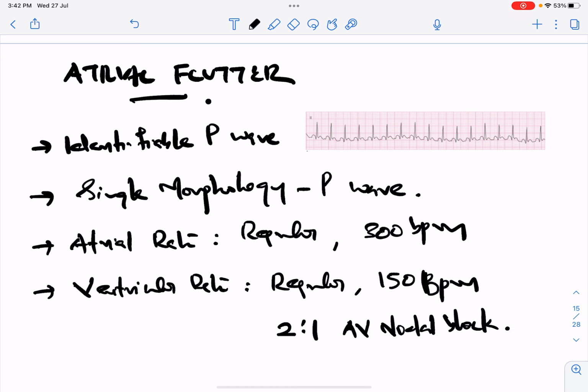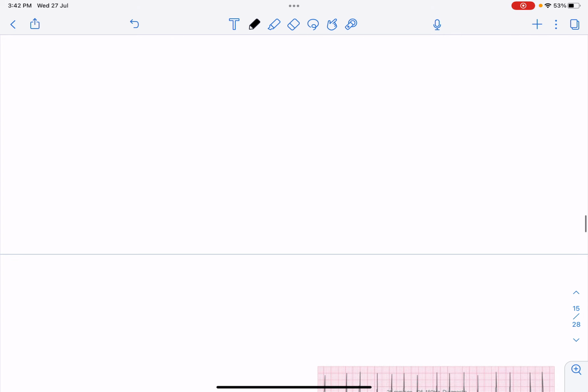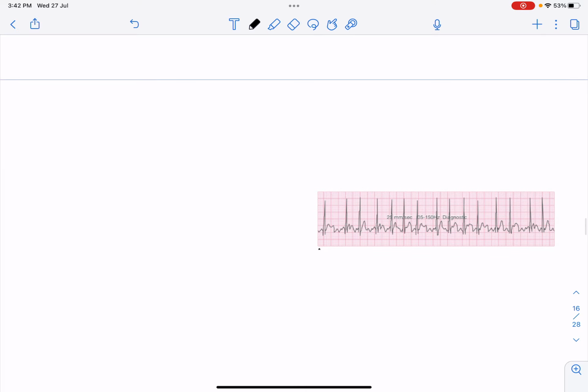That is why the atrial rate of 300 is not conducting to the ventricle. Only half of them are getting conducted. So the ventricular rate is only 150 beats per minute. So that's all about the narrow regular tachycardia.